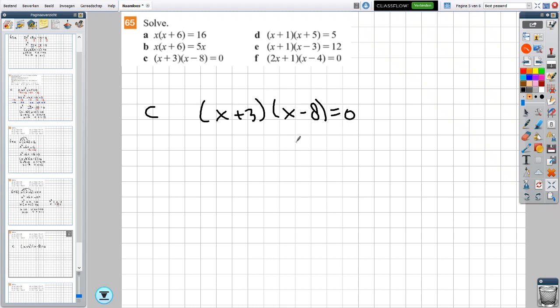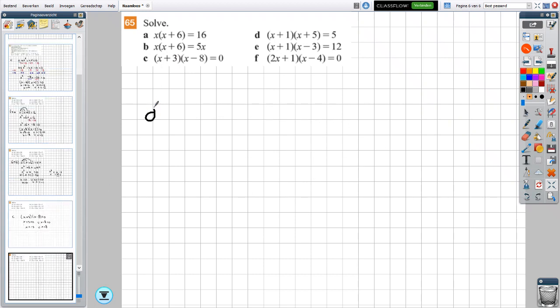So we already are at the point that I can just say x plus 3 equals 0 or x minus 8 equals 0. So this is a lot easier than the previous two exercises. They just throw this one in to check if you're still paying attention. And the answer is going to be x is minus 3 or x is 8. Okay, so always pay attention. Sometimes they try to trick you.